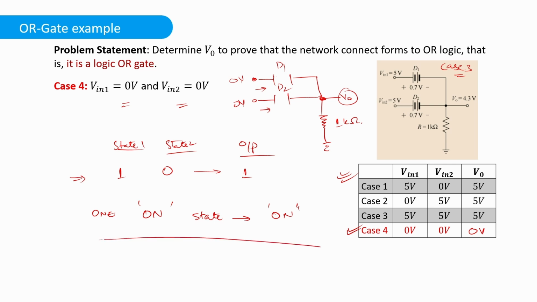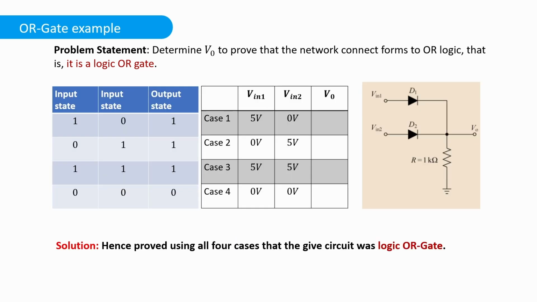So let's see in the next slide and compare the OR logic gate table with the table we created for this circuit, to see if we have proved this to be an OR logic gate circuit. Here on the left-hand side, you can see we have this OR logic gate table. We have one input which is, let's say, on state, and then we have off state, but the result is 1.